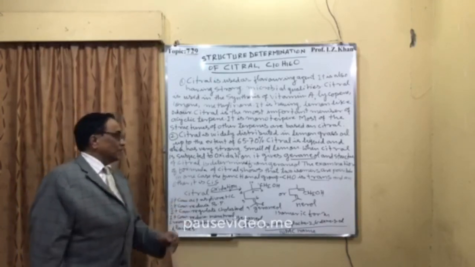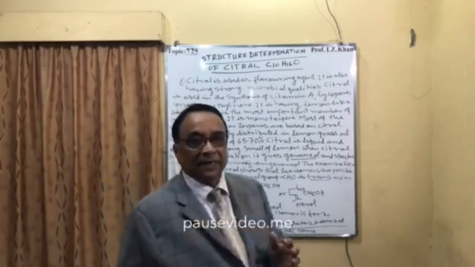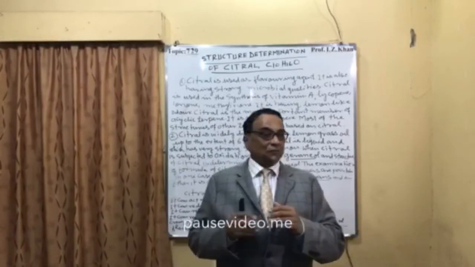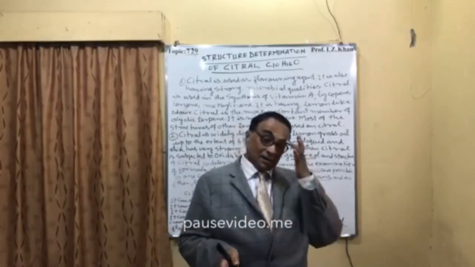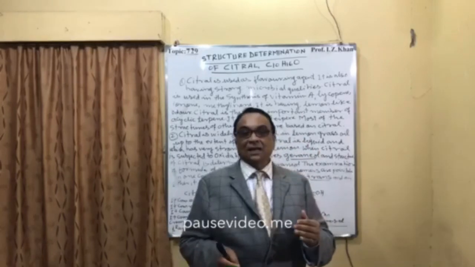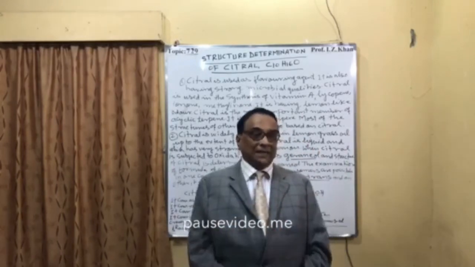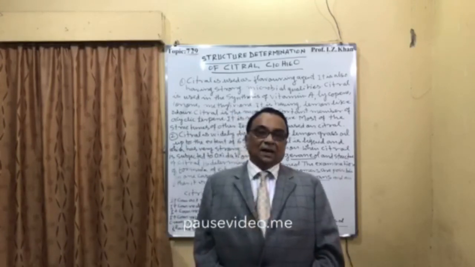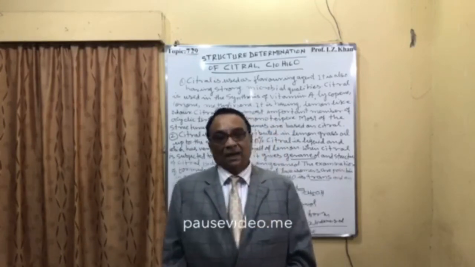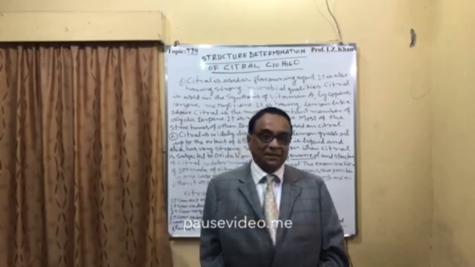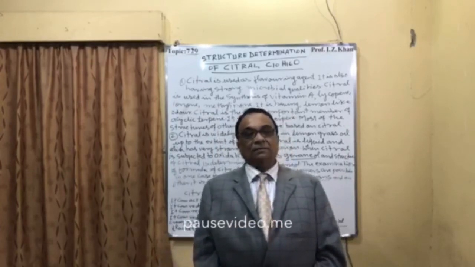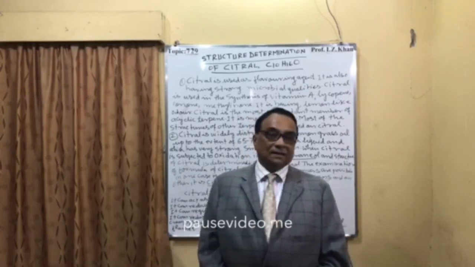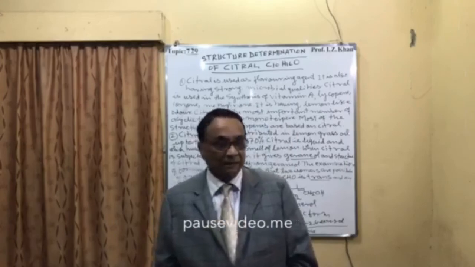So in this way, citral is a very important acyclic monoterpene, which is widely used in different beverages and food industries. And now I will be discussing the presence of two double bonds and also the aldehyde group on the basis of reactions, and then the position of that aldehyde group in the acyclic monoterpene citral.